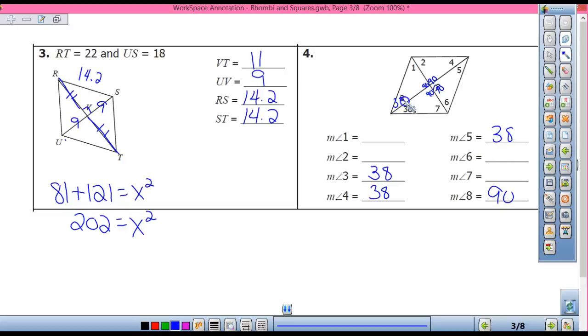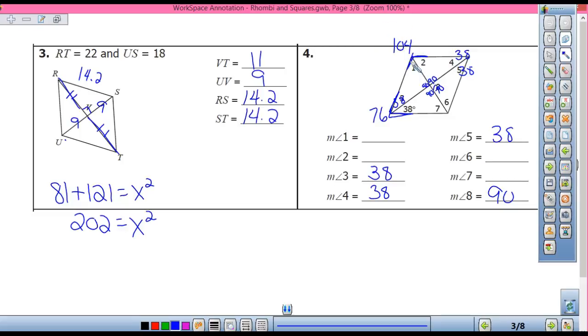So that's 38, 38, 38, 38. What's this whole angle? 76. Okay. What's this whole angle gotta be? 104. Why?